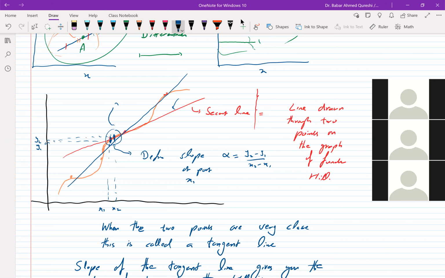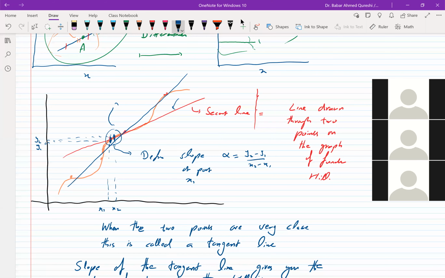You can do that by drawing a line through those 2 nearby points. That line will approximate this hill between those 2 points, and that line's rate of increase would be the same as the rate of increase of the function between these 2 points. So for a rate of increase, you always need 2 points. But since you want to be mathematically very precise and say that this is the rate of increase at one point, all you do is bring those 2 points very close.